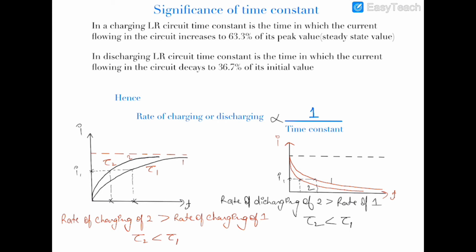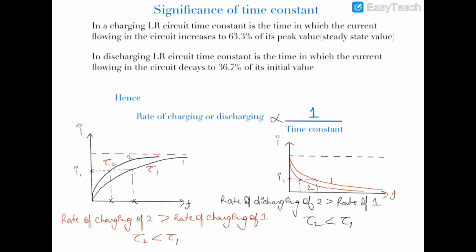Now this time constant depends on the resistance and inductance. So if the inductor is same in both the circuits, you can change the number of resistances or the value of resistance to manipulate the time constant.